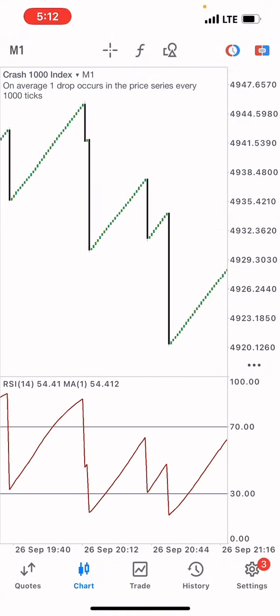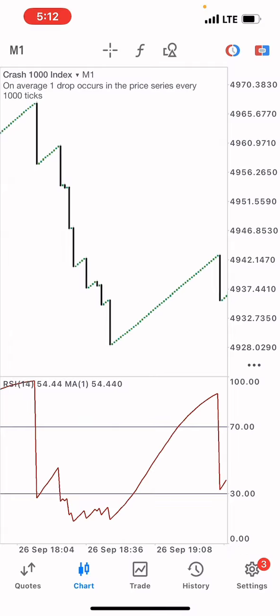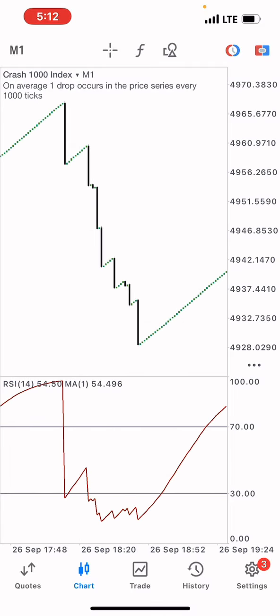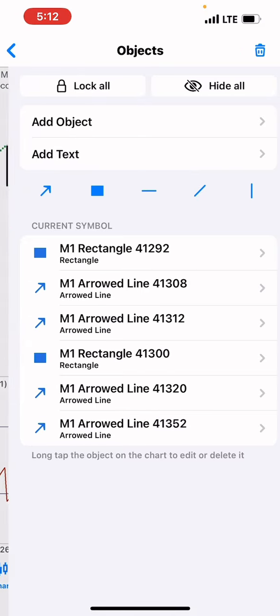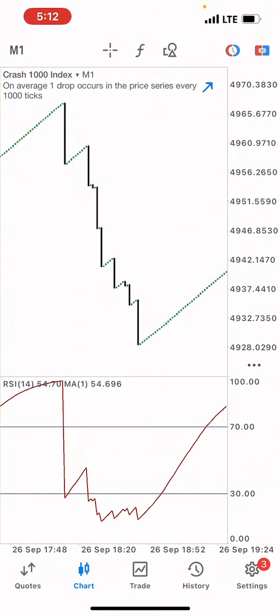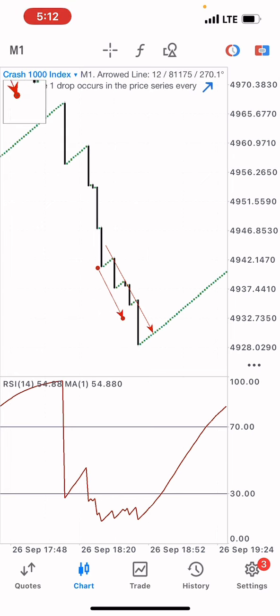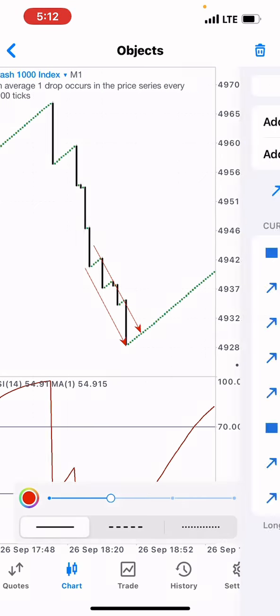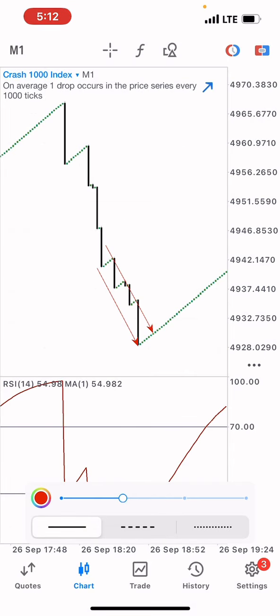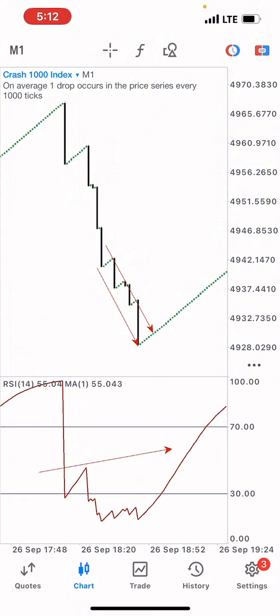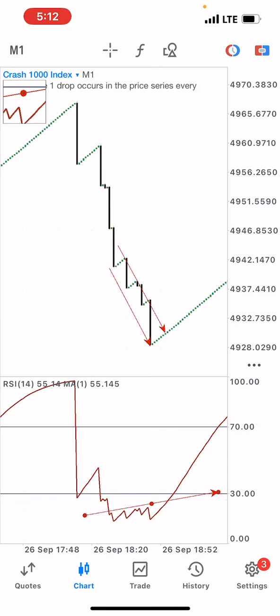So let me find more examples. This is another clear example. Notice how price was constantly creating lows around this region, but then in the indicator window we were experiencing a divergence.